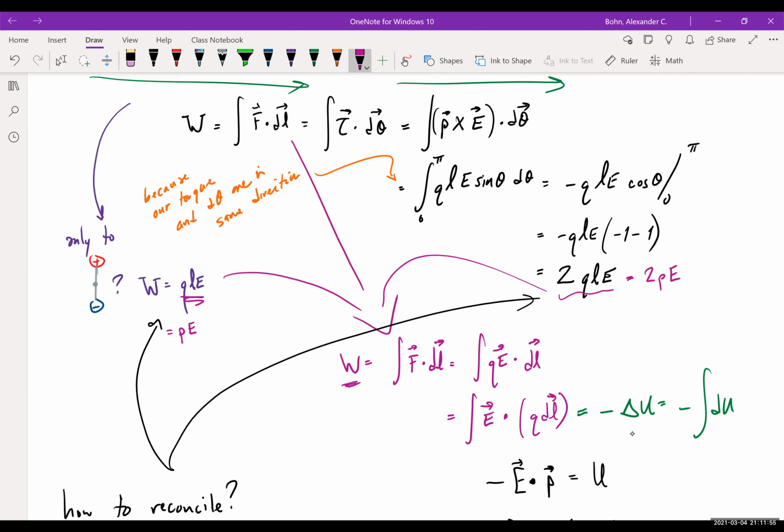Here, we're talking about the work done by the field. The field does some work because it exerts a force on a charge according to the electric field. And if we move things around, that would be the negative change in the potential energy. Now, the negative change in the potential energy, I am saying, is like the integral of all the little changes in the potential energy.